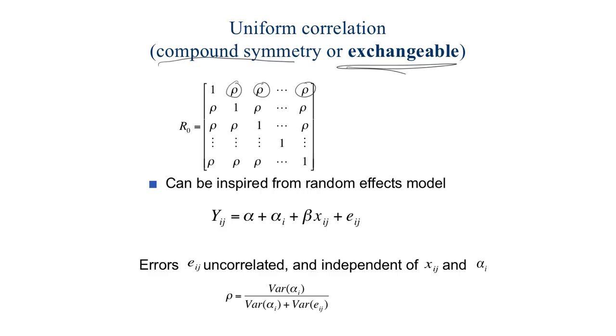If I have 30 observations versus 2, I'm assuming the correlation between any pair on a subject is equal to the same value. So it's the most commonly used working model.